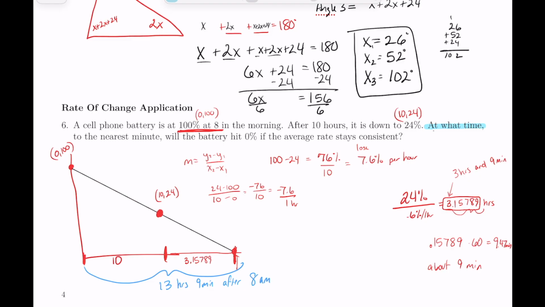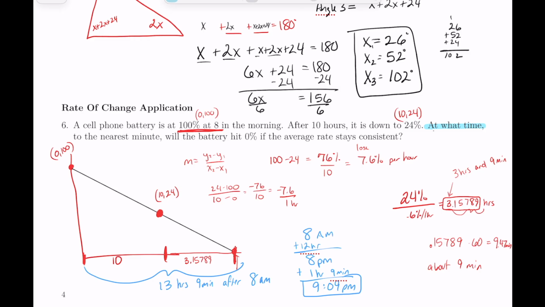Now, this can also be a little bit challenging, but instead of doing 13 hours and 9 minutes all at once, why don't we go 12 hours? So I can take 8 a.m. and then we'll say plus 12 hours. We'll make it 8 p.m. Now I need to add on 1 hour and 9 minutes after 8 p.m. That turns this into 9:09 p.m. So that's when my phone battery is finally going to die.